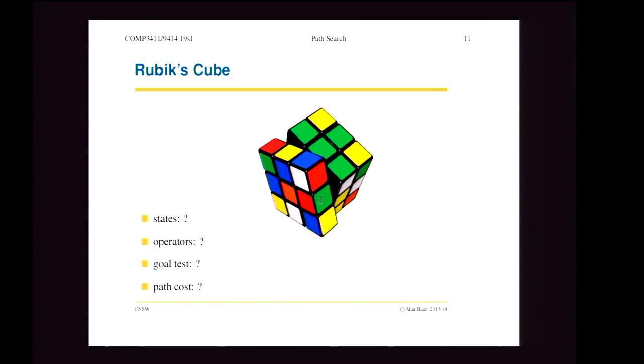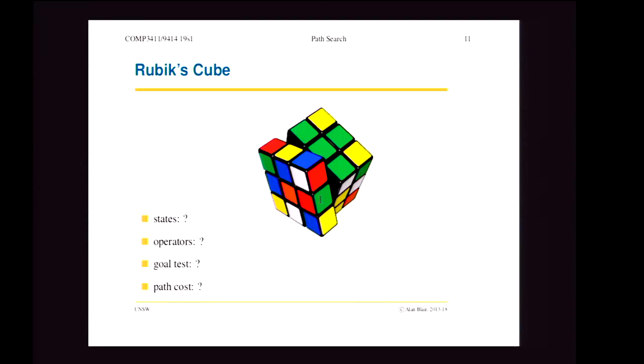And I could solve the cube using only those actions, because if I wanted to turn the thing anti-clockwise, I could just turn it 3 times this way. Right? So that is a valid answer.